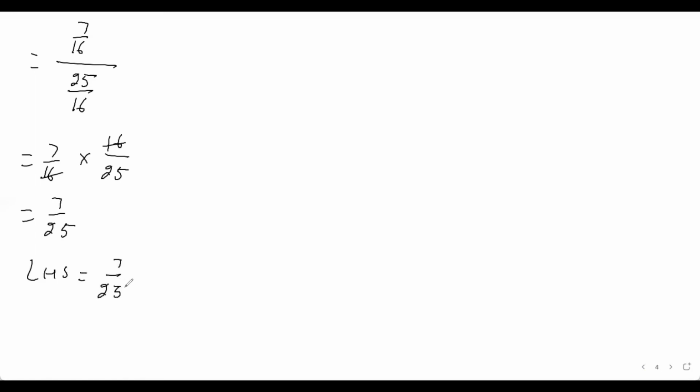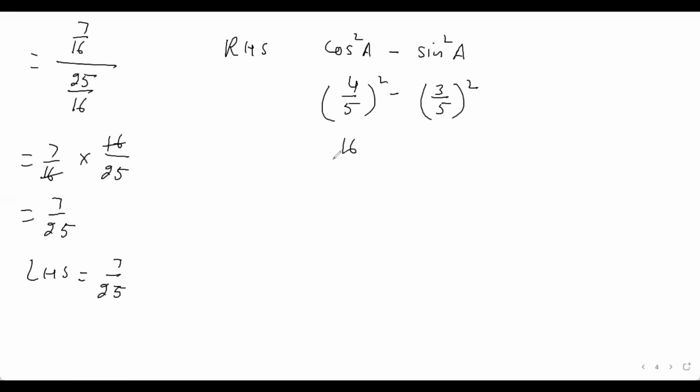Now come to the right hand side. Right hand side is cos square A minus sin square A. Cos square A is 4 by 5 whole square. Sin A is 3 by 5 whole square. 16 by 25 minus 9 by 25.